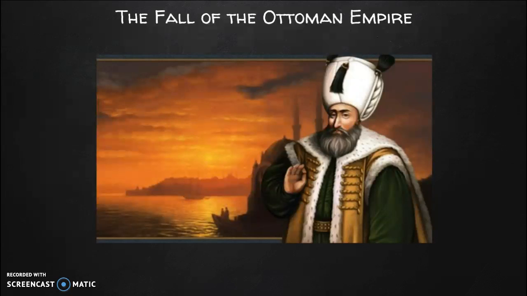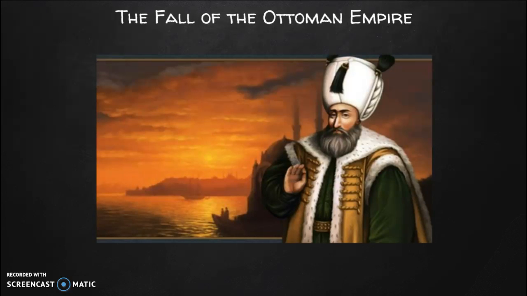He died, and although the Ottomans had attempted to fit into the modern world, they just were not able to hold off the imperialistic Europeans. So once Suleiman died, the Ottoman Empire was certainly weakened, but they were able to hold out for about 350 more years. The Ottoman Empire finally came to a close at the end of World War I.